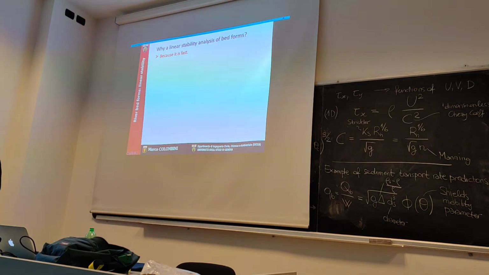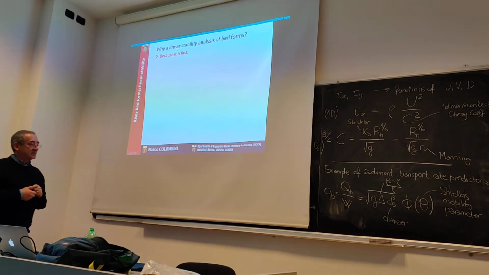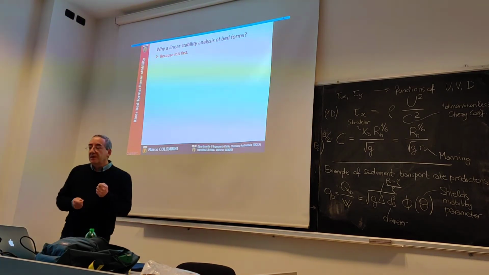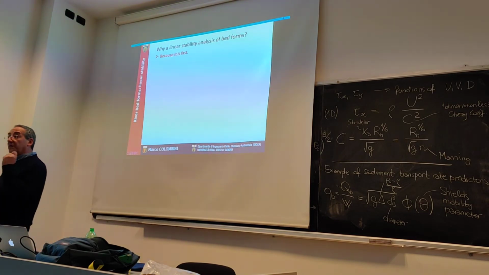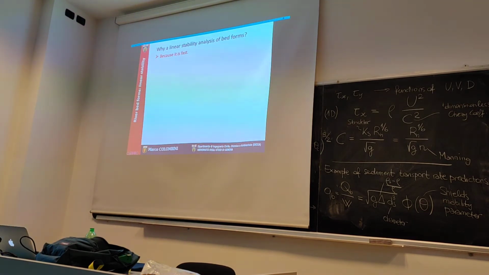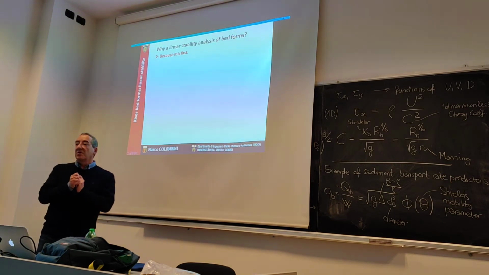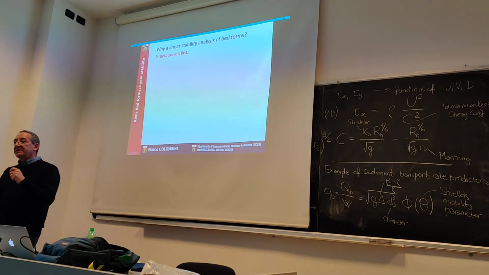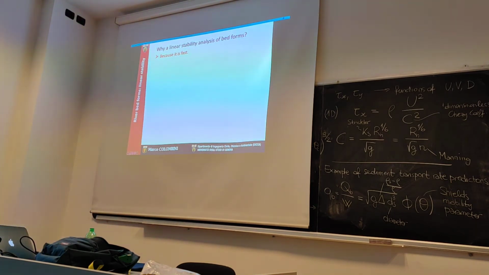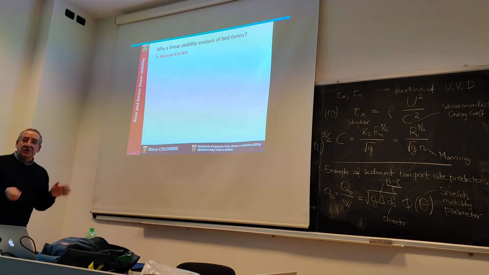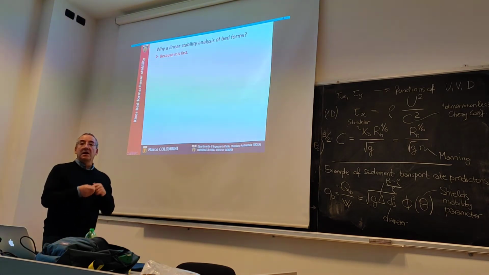So it's not exactly what you observe, but you have rapid information on the region of instability: whether the system in that region of parameter space is stable or unstable, and on some of the characteristics of the waves.